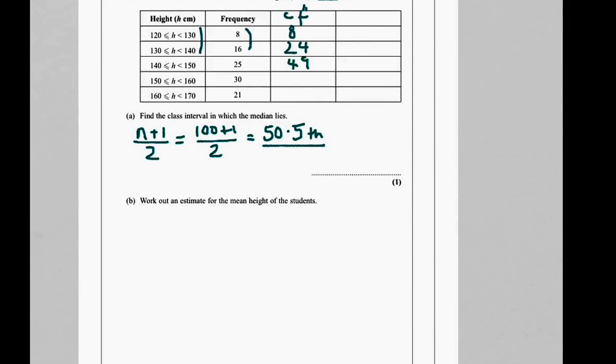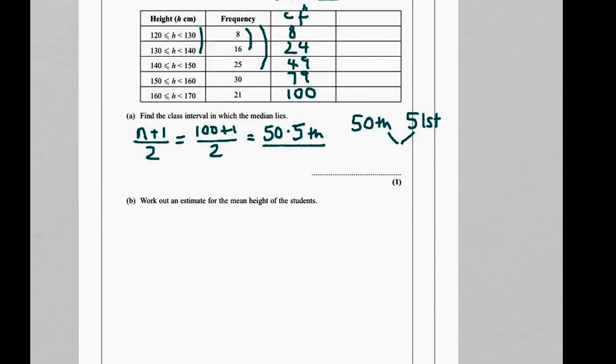So far I've got 49 values in these first classes, and so on. So add that 30 gives me 79, and hopefully I should have 100. Now I know that my 50.5th value, well actually what that means is I'm looking for my 50th value and my 51st value, and I need the value that lies in between those.